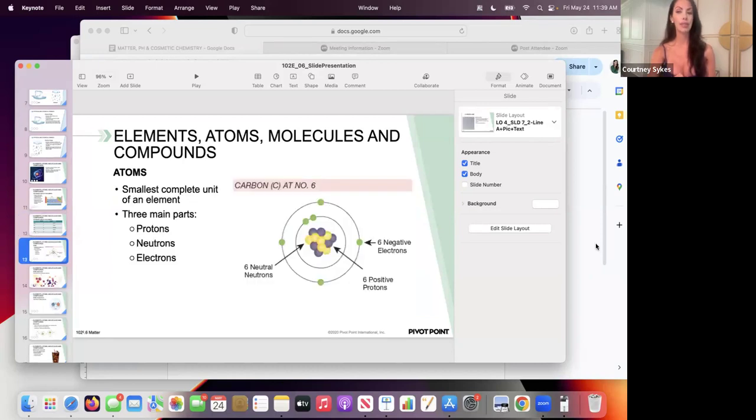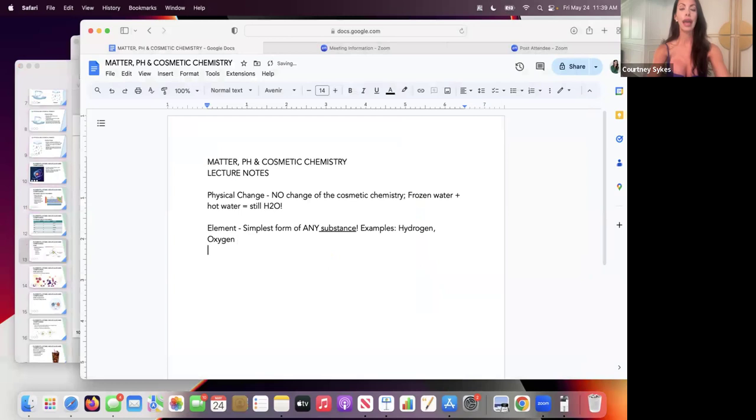Okay, atoms, and this is important to put these together side by side for your state exams, okay? Atoms are the simplest complete unit of an element. Okay, that's important. Let me spell this correctly. There we go. The simplest complete unit of any element.